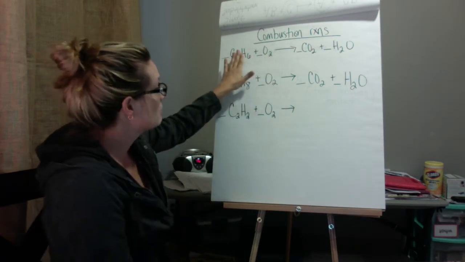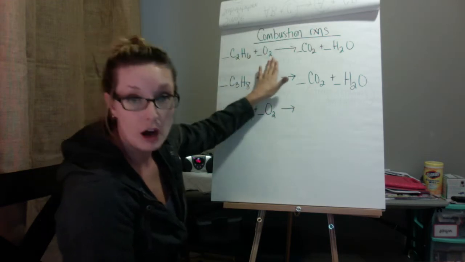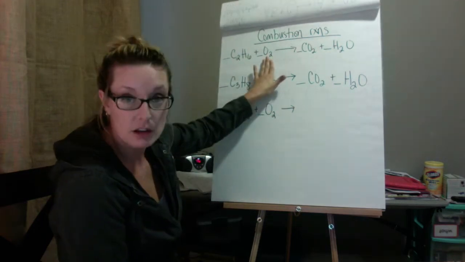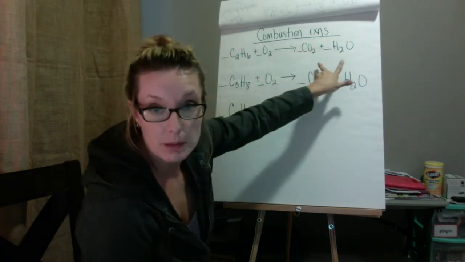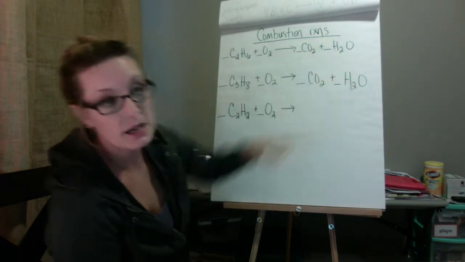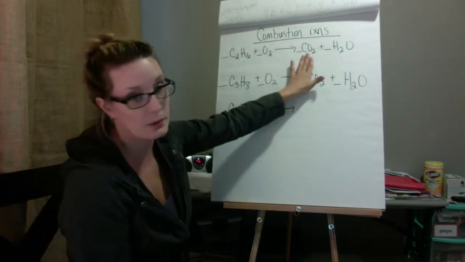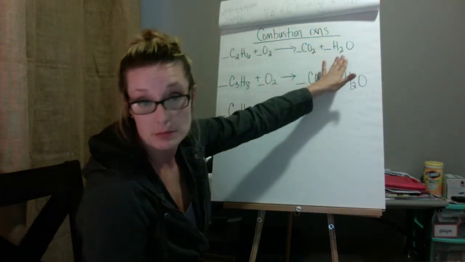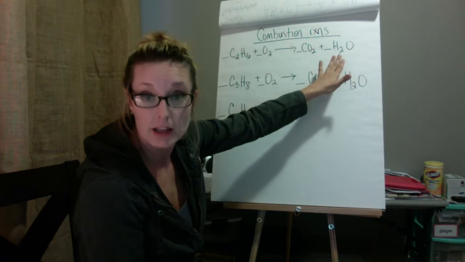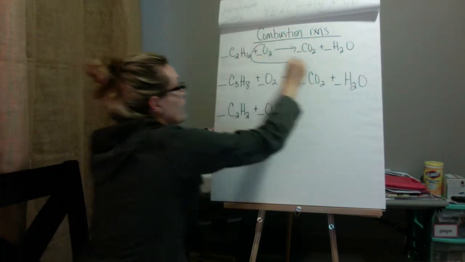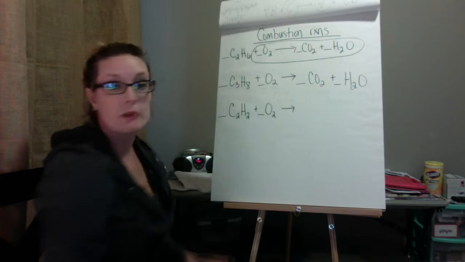So anytime you're combining anything with oxygen on paper, you're saying, hey, I'm setting this on fire, and these are going to be my two products. Anytime you set an organic compound on fire, you only get carbon dioxide and steam or water vapor, which is still H2O. So this becomes your telltale sign for combustion.